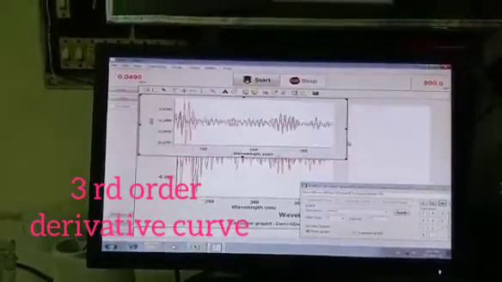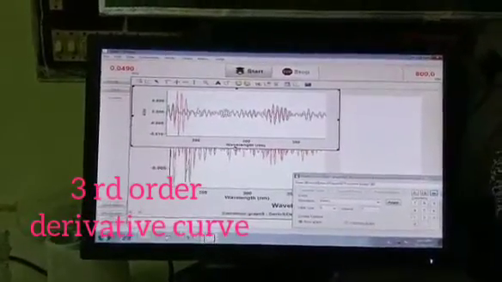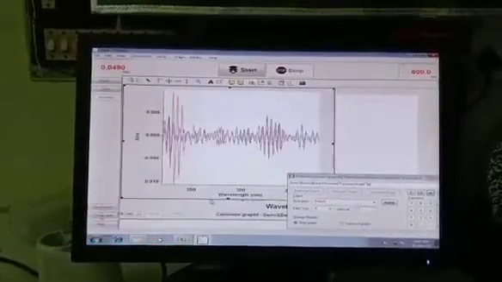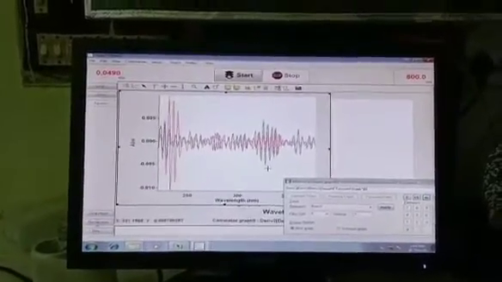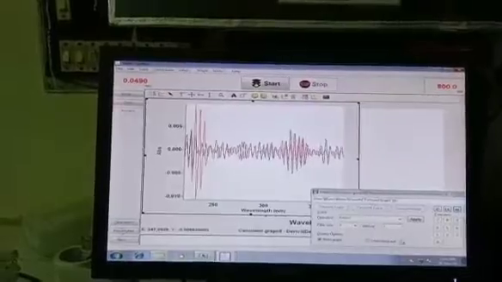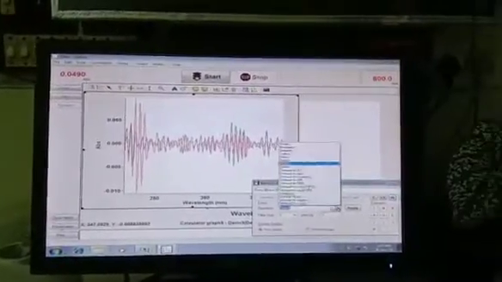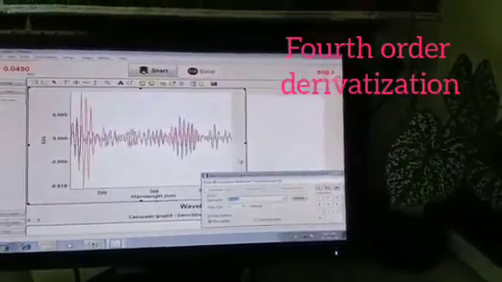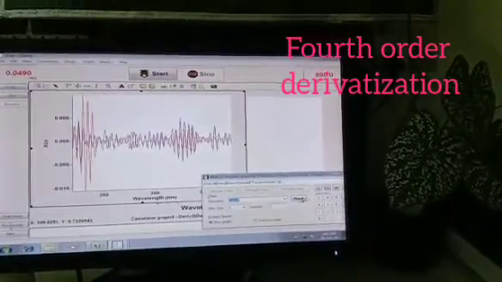See, as you increase the derivatization order, the zero order spectrum gets more and more resolved. This is how we derivatize the zero order spectrum to all the derivative orders, first, second, third and fourth.